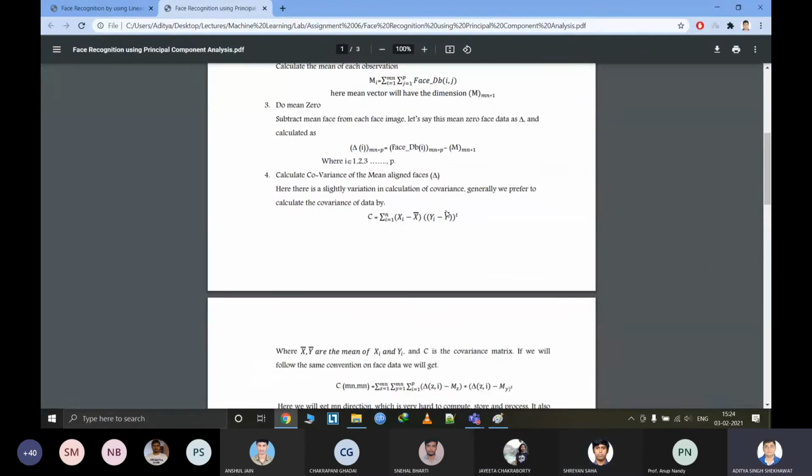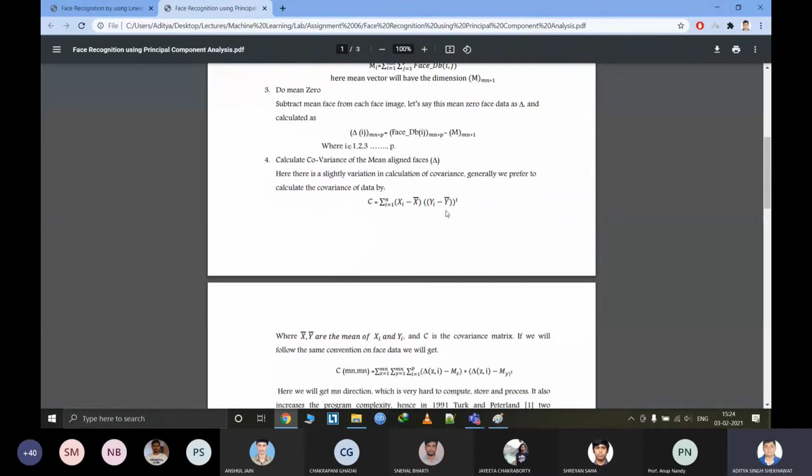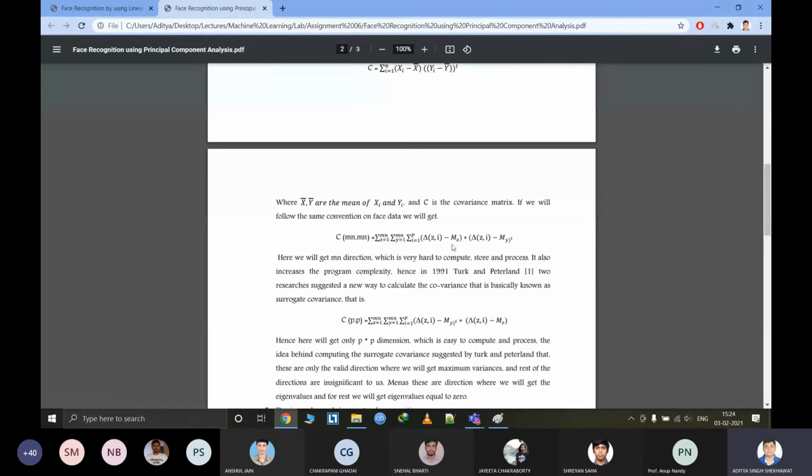Now for the covariance, we only need to calculate the covariance of the delta I, right? We do not need to subtract the mean of the original data. Either this mean will be there or the previous mean. Why are both there?